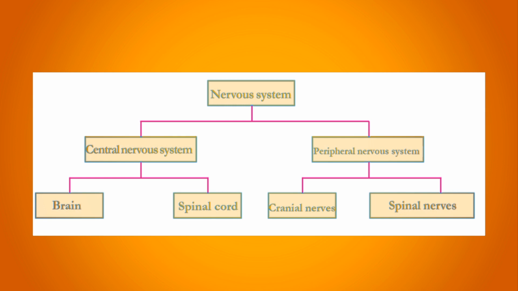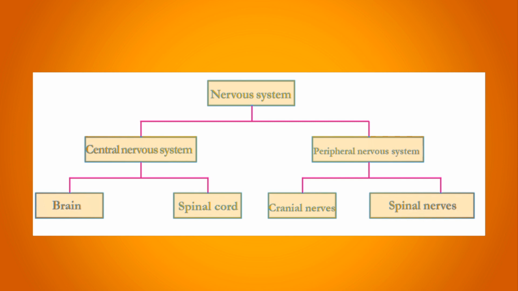Cranial nerves and spinal nerves. From the name itself, you can guess where it is arising from, isn't it? The cranial nerves arise from the brain, whereas the spinal nerves arise from spinal cord. There are 12 pairs of cranial nerves and 31 pairs of spinal nerves.